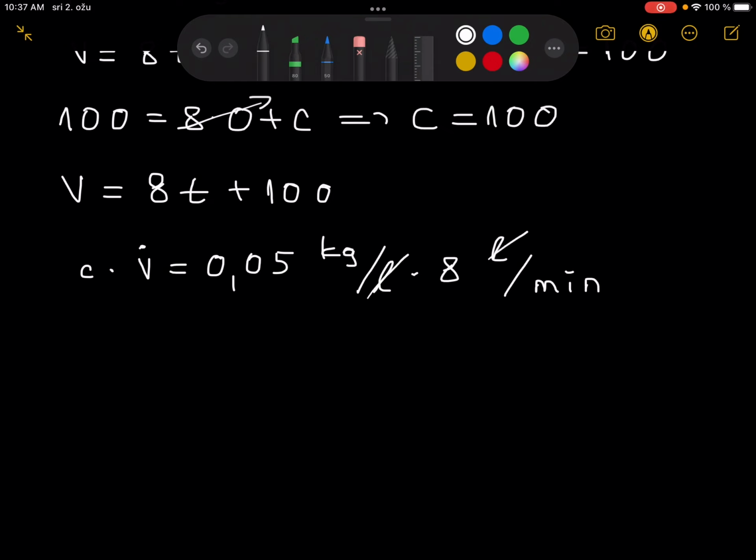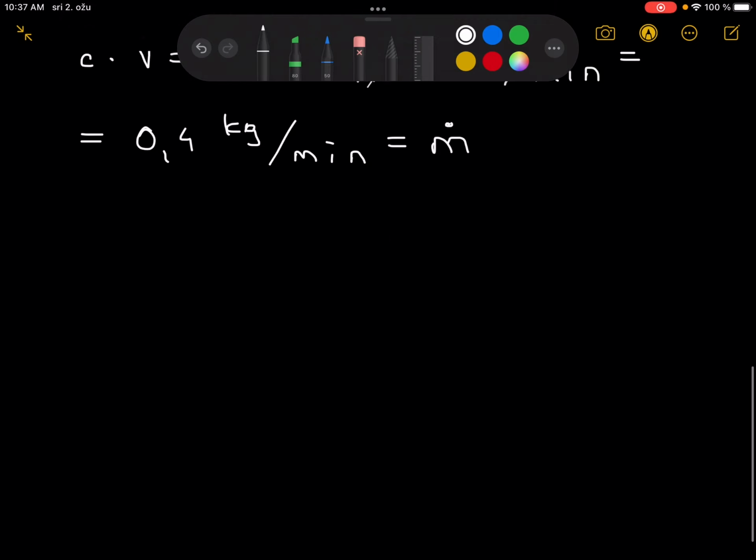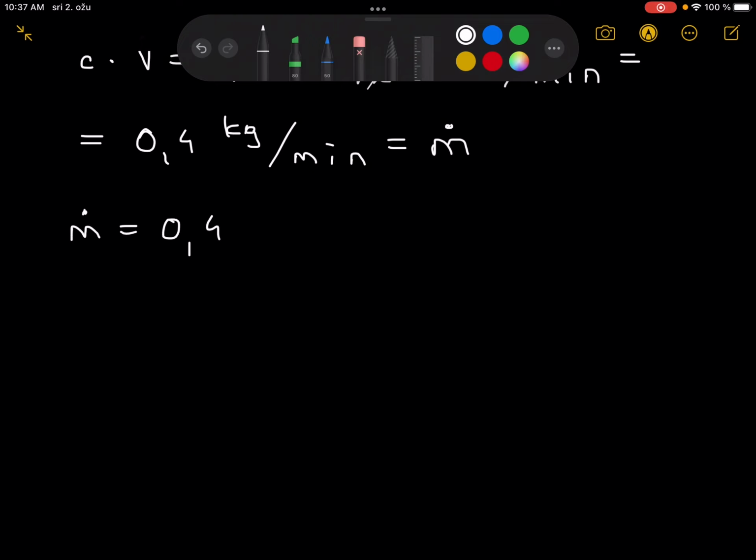The liters cancel out, and we get that this is equal to 8 times 0.05, which is simply 0.4 kilograms per minute. And of course, this is equal to m prime.